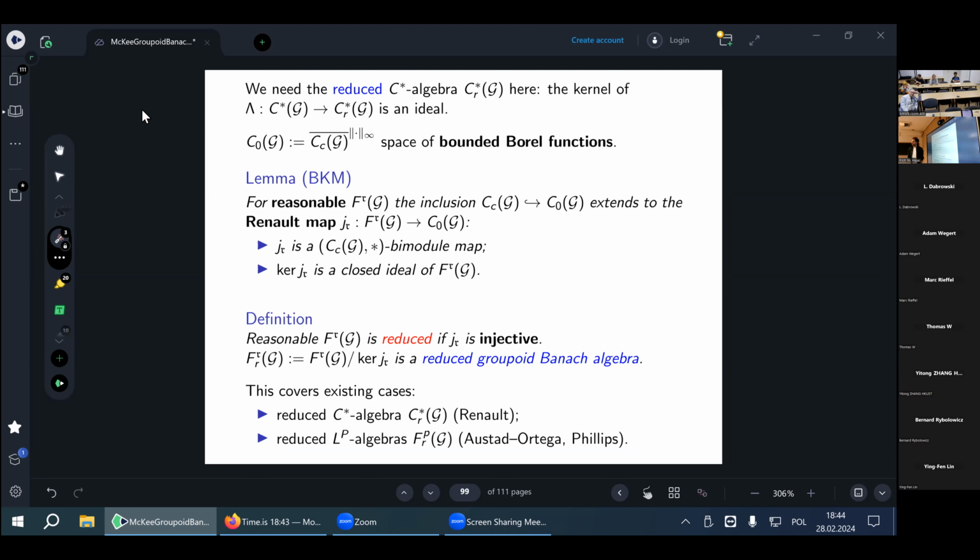This reduces to the notion of a reduced groupoid C-star algebra or a reduced Lp groupoid algebra. If you define these in the regular representation on L2 or Lp, the kernel turns out to be the kernel of this map.